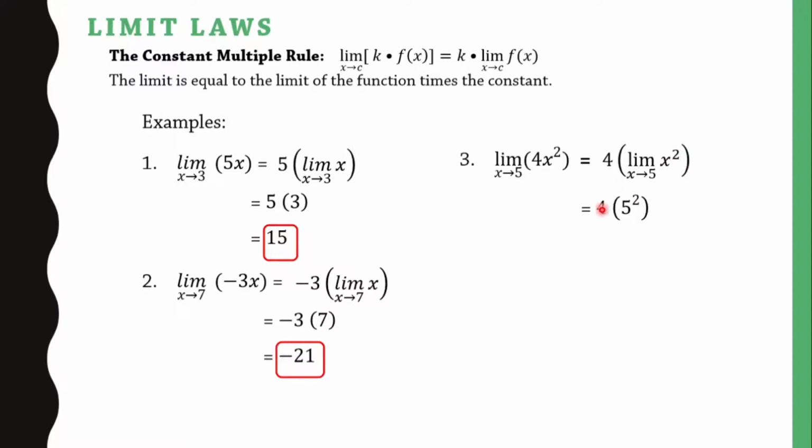So that's 4 times 5 squared. 5 squared is equal to 25, so that's 4 times 25, which will give you 100. So the limit of 4x squared as x approaches 5 is 100.